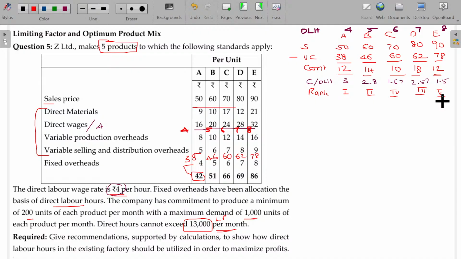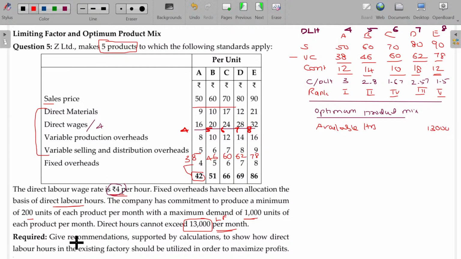Now I'm going to calculate the optimum product mix. Optimum product mix. Now, what is the available hours? 13,000 per month.